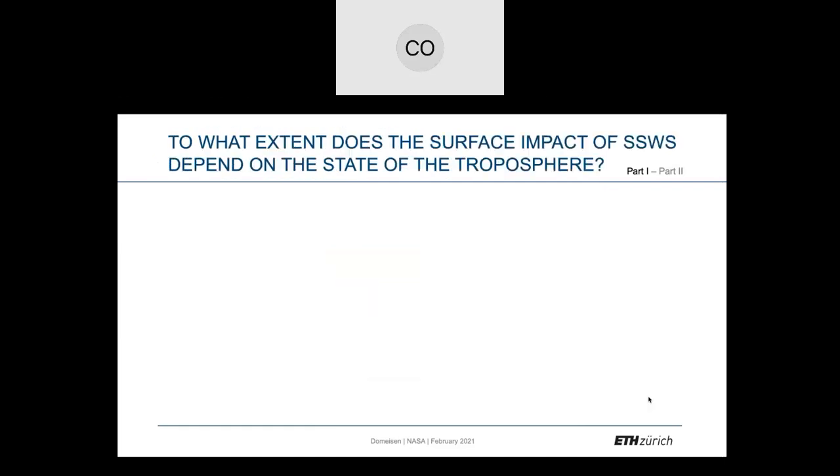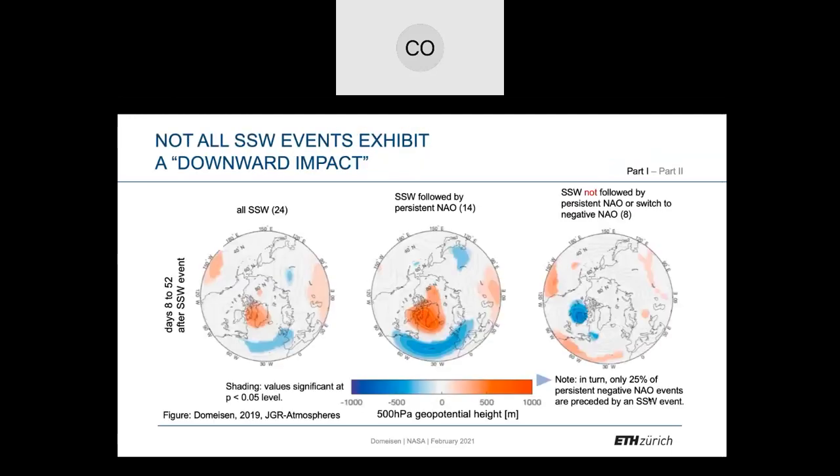Okay, so sorry, I just have one question on that. So on that composite on the right, the obvious question is, when you further partition into El Nino and La Nina, you don't see a consistent relationship in those? If you just take the El Nino events, then you usually get a negative NAO.